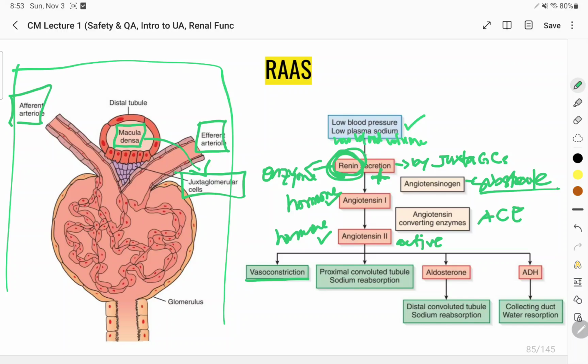Okay, and also it stimulates your adrenal cortex, the organ that sits above your kidneys, to produce your mineralocorticoid, your aldosterone. And this aldosterone is a hormone, a mineralocorticoid produced by your adrenal cortex.